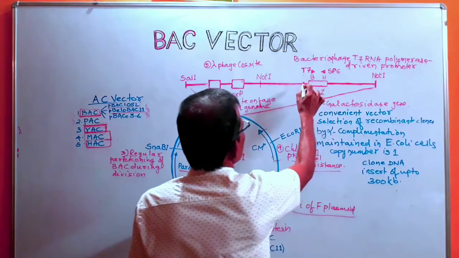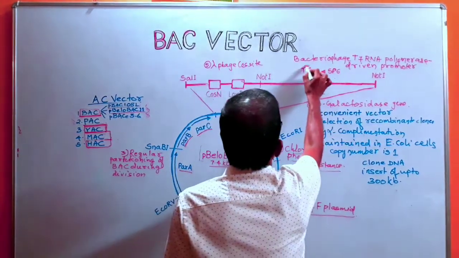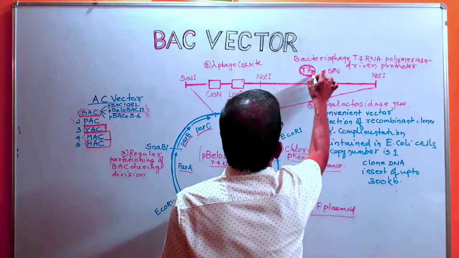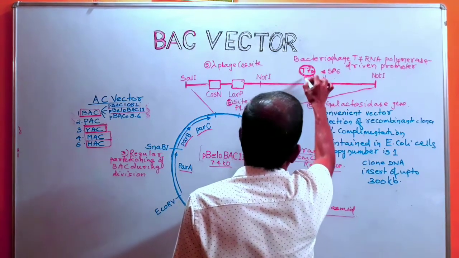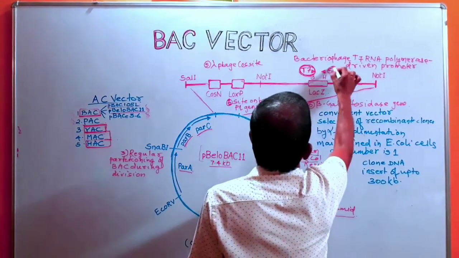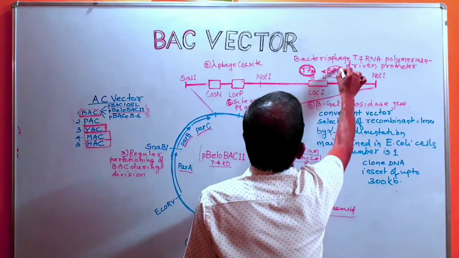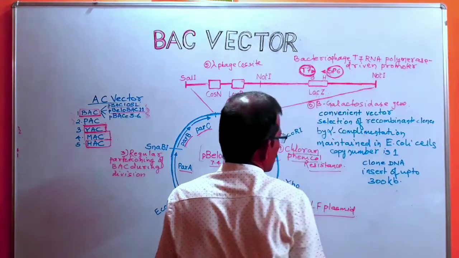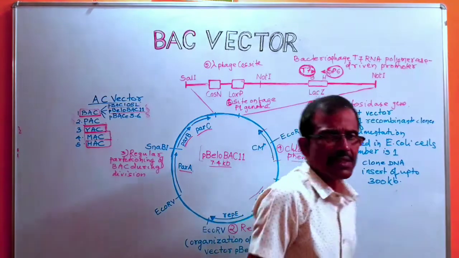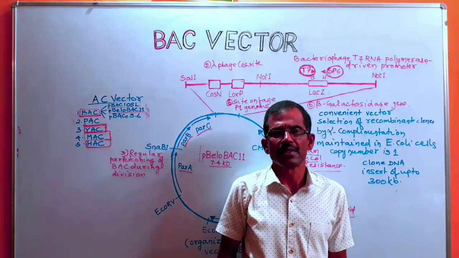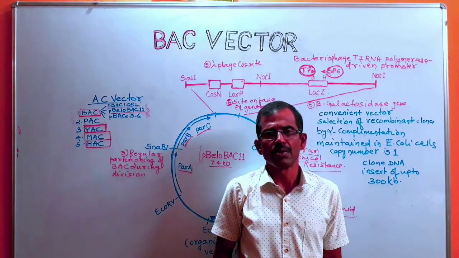There are two promoters here. This is one promoter, the bacteriophage T7 RNA polymerase driven promoter, and this is the bacteriophage SP6 RNA polymerase driven promoter. So friends, this is about bacterial artificial chromosome and its various functional modules.